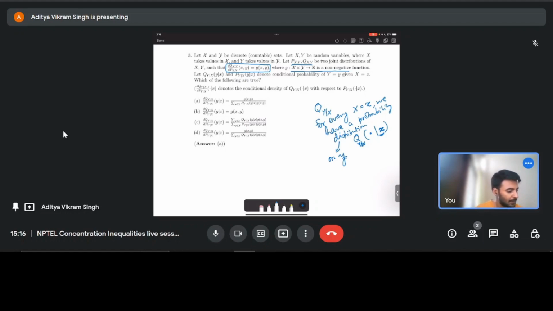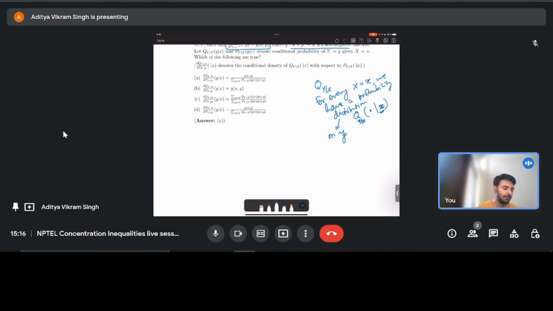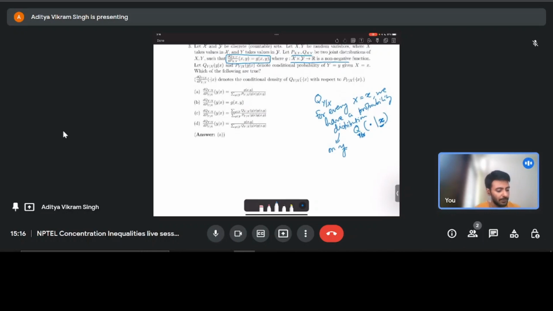So we want to compute the Radon-Nikodym derivative of this conditional probability distribution. We are given the Radon-Nikodym derivative for the joint probability distribution. So we have dQ_XY by dP_XY of (x, y), and we are given that this is g(x, y) for some function g.